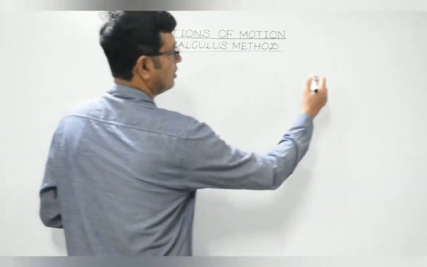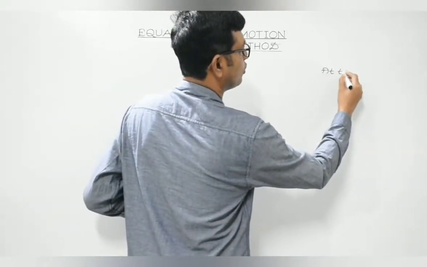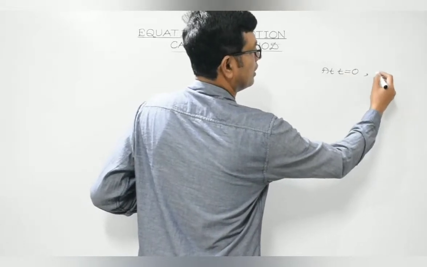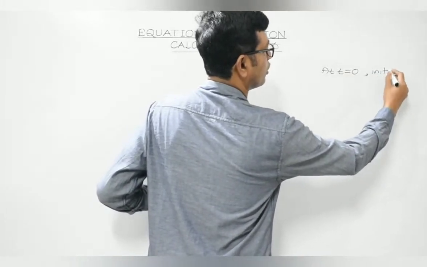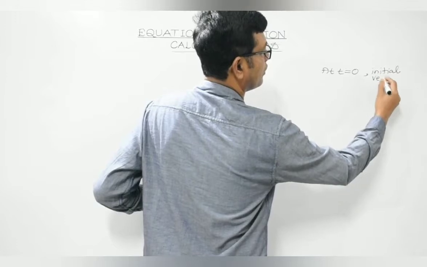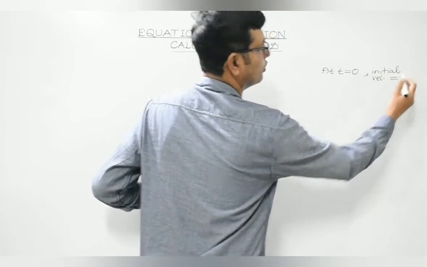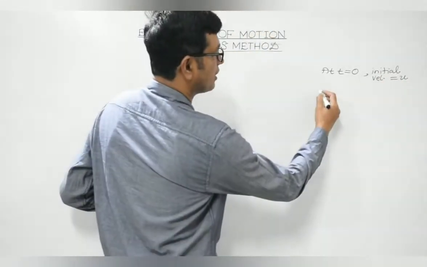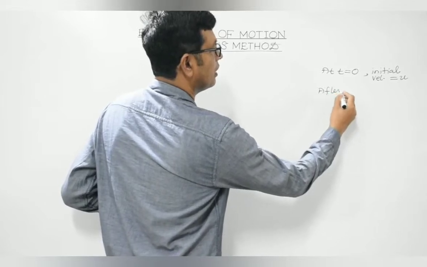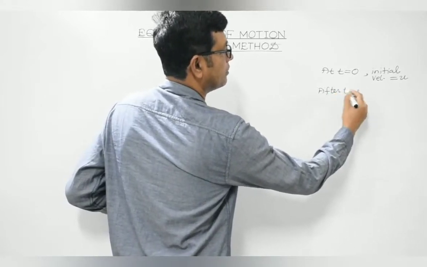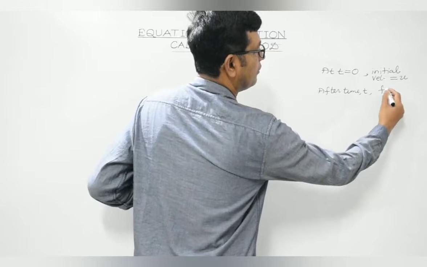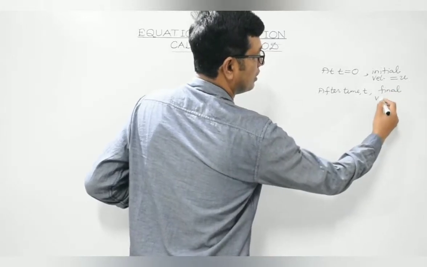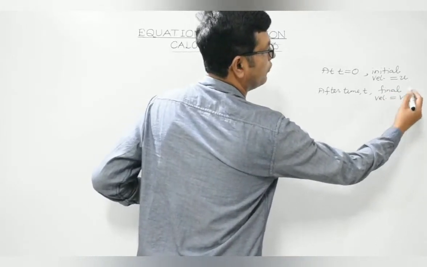Suppose initially at t equals 0, the initial velocity of the body is u, right? After time t, the final velocity of the body is considered to be v.